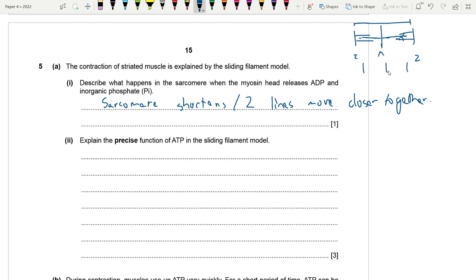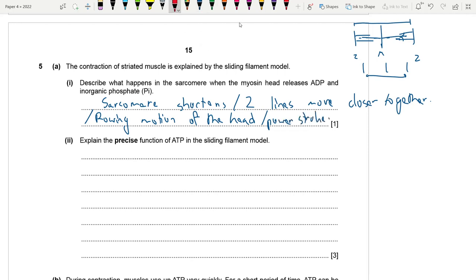This is what happens essentially. See that it becomes shorter. No energy is required for this, but we do release the ADP and inorganic phosphate to do so. Or you could just talk about the rowing motion of the head, or the power stroke.